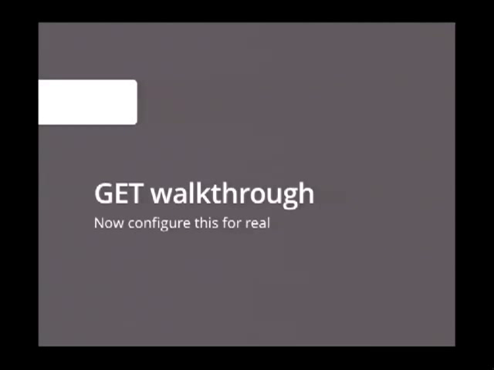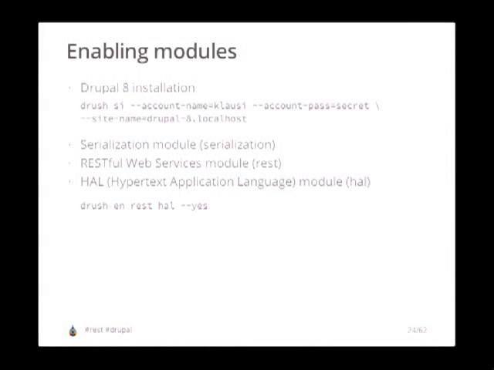So now let's take a look at how we configure this for real on a Drupal 8 site, as of the development snapshot that we have right now. I think Alpha 3 is the most recent release, and the REST module is already usable in that version, but I recommend using the most recent Drupal 8 dev snapshot. So you basically just need a Drupal 8 installation.